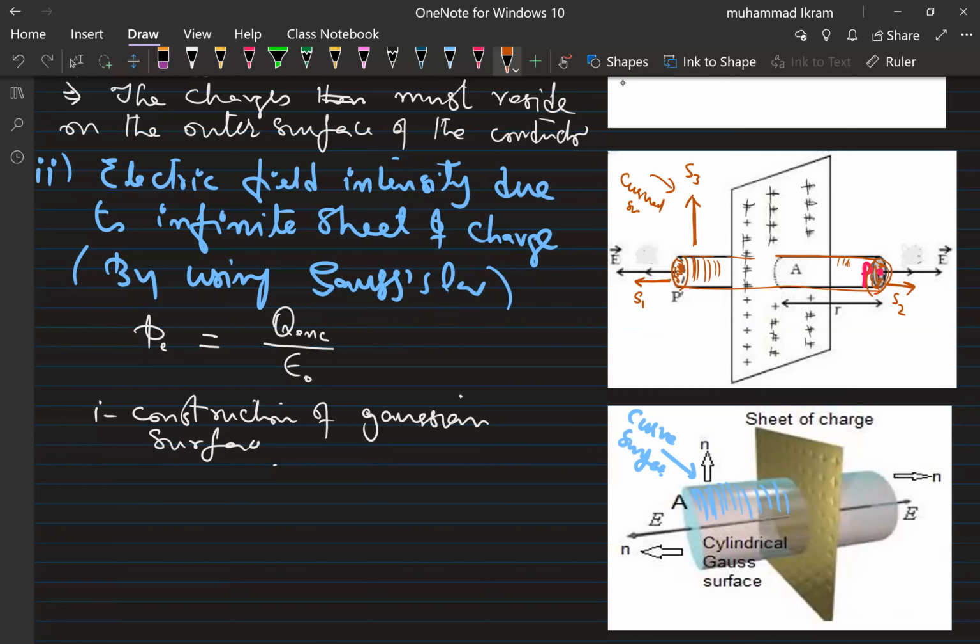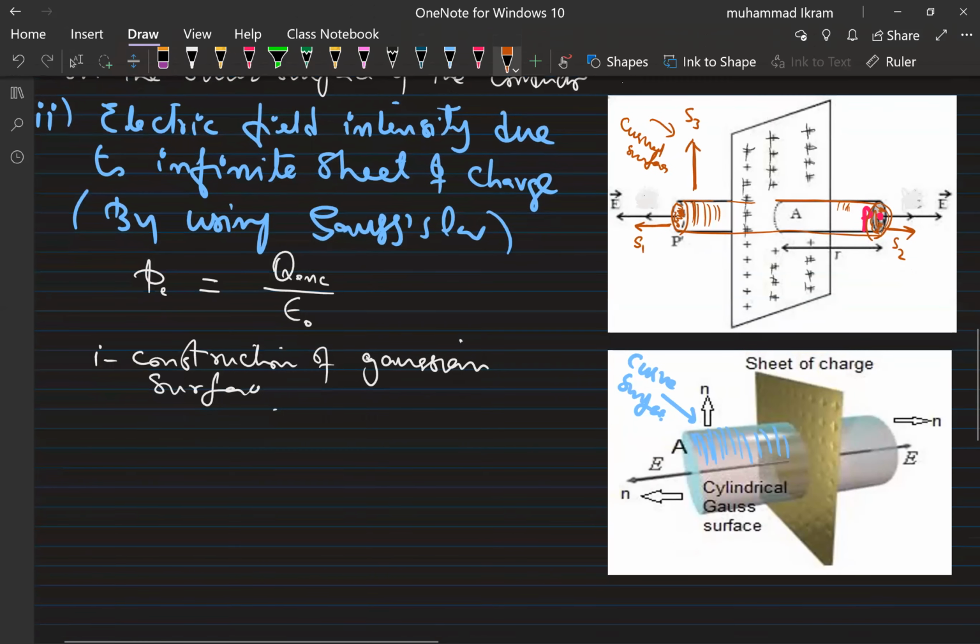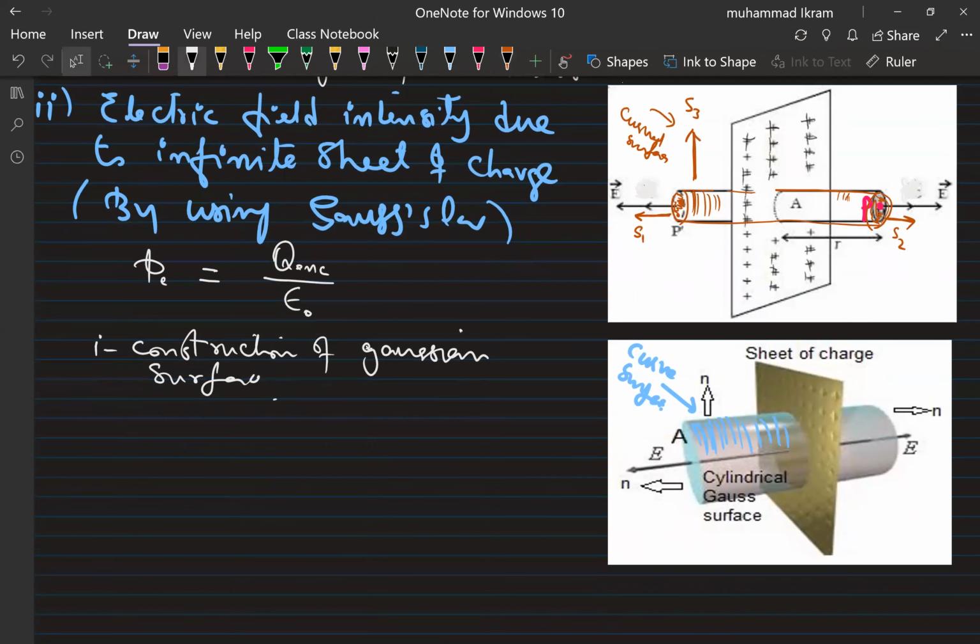Due to this infinite sheet of charge, there might be flux through the three surfaces. So when I apply the Gauss law, electric flux due to surface S1 plus electric flux due to surface S2 plus electric flux due to surface S3 equals the charge enclosed divided by epsilon naught.